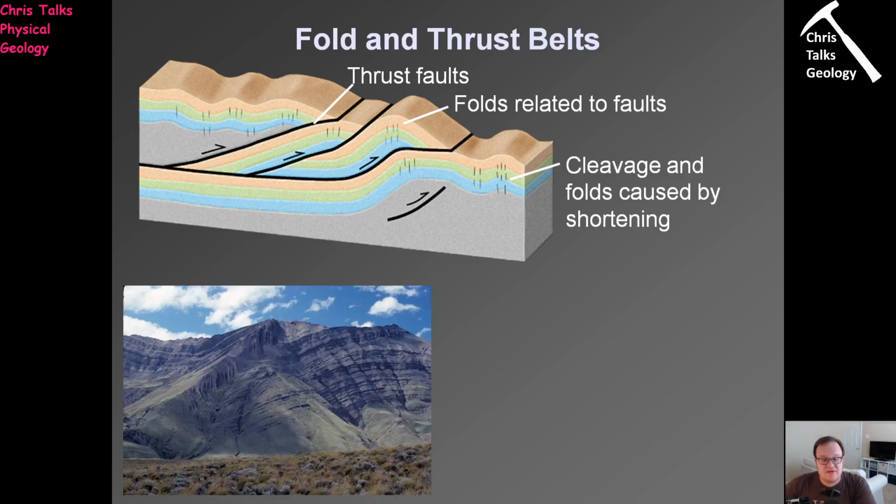So here we have an example. Now this, as you can see, is a very, very substantial cliff face. And so what can we see? Well, here it is. We can see the anticline in the cliff face here. So what we're looking at is an anticline like this anticline right here. In this area there is a thrust fault, and it's pushing this block of rock here.